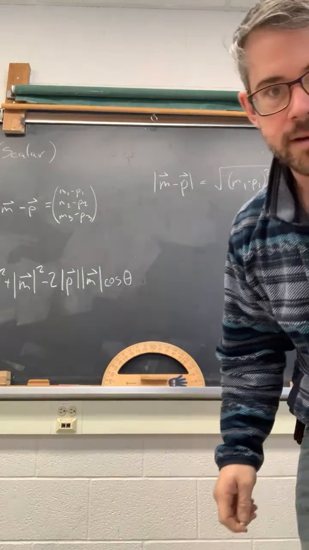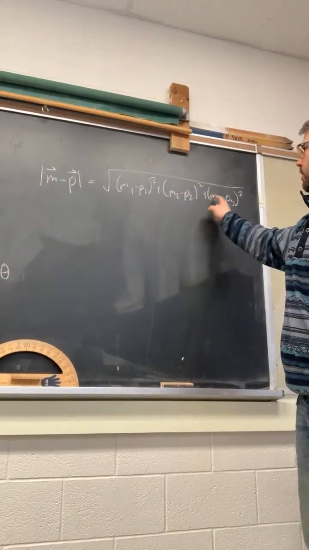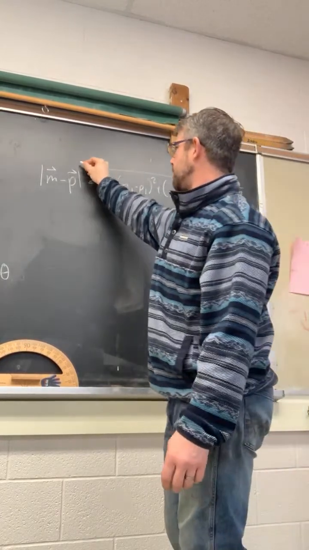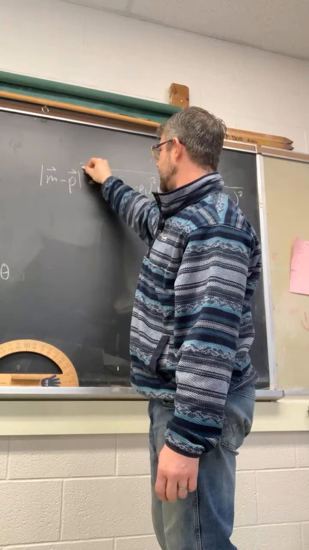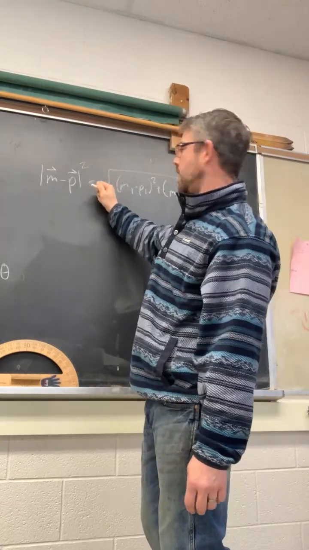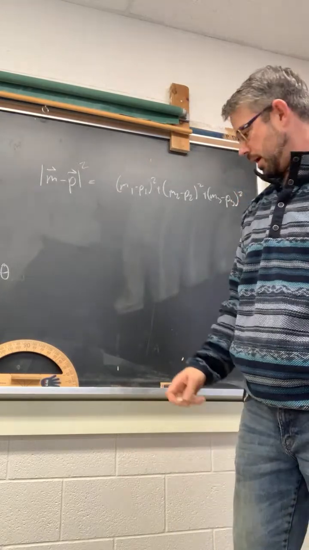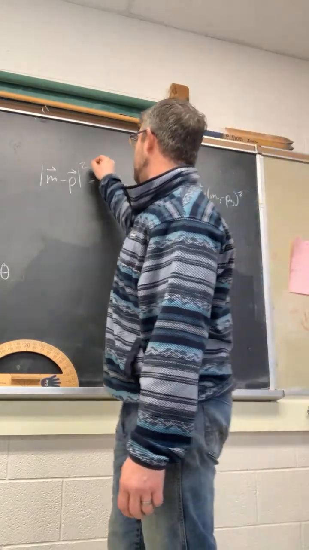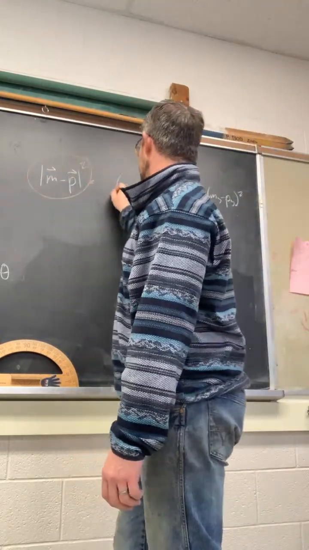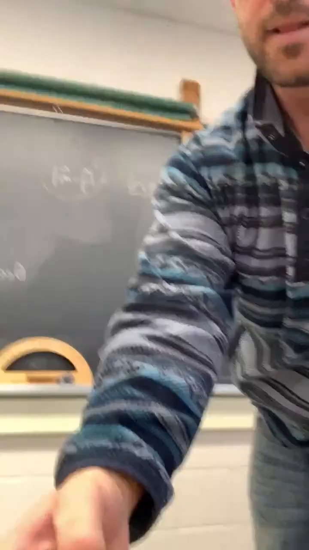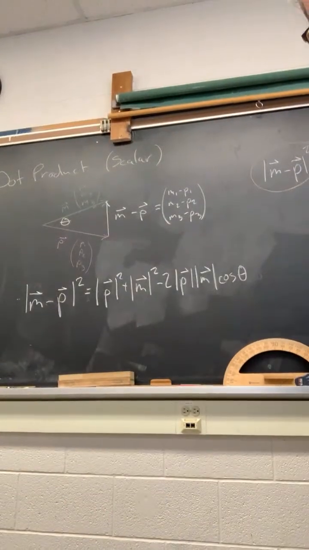Now, fortunately, with this radical here, I can quickly eliminate the radical by squaring both sides. If I square the left-hand side and the right-hand side, that will cause my radical to disappear.